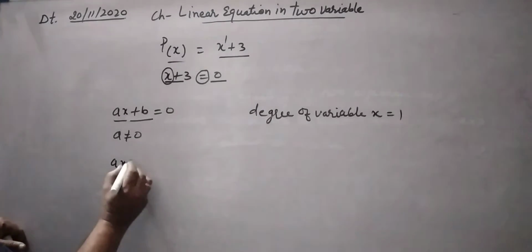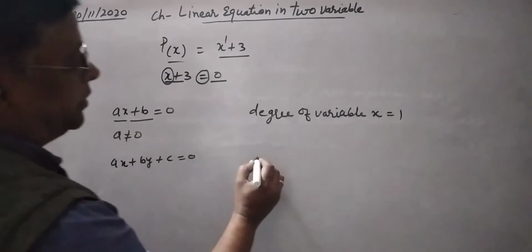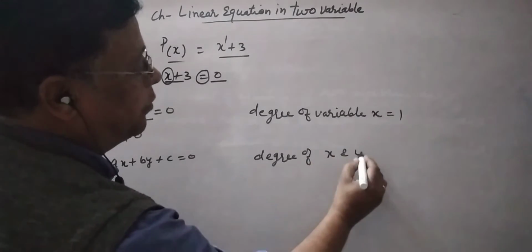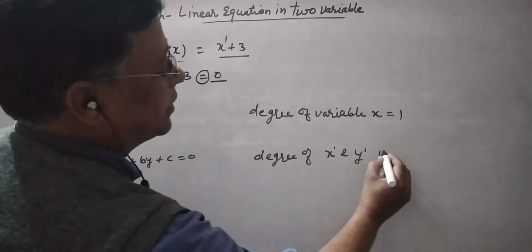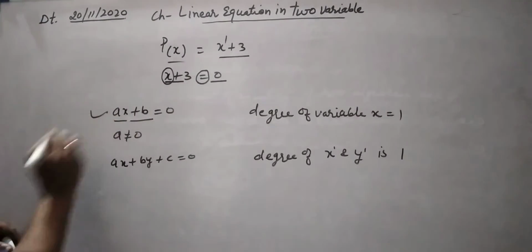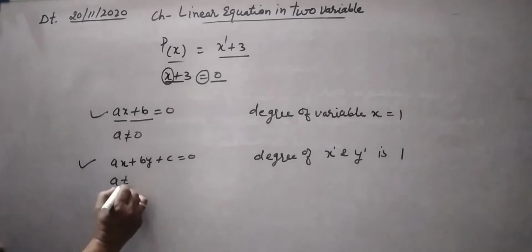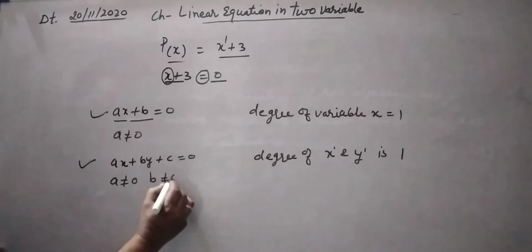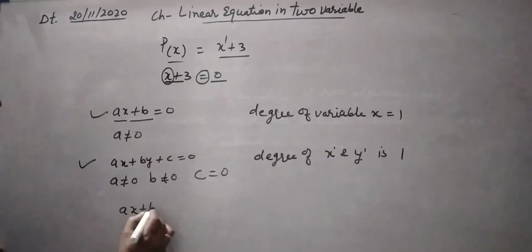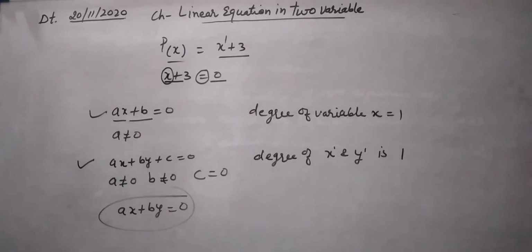Likewise ax plus by plus c equals 0. Here also the degree of both variables x and y is 1. Therefore this is a linear equation in two variables, and the earlier one is a linear equation in one variable. Here a cannot be 0, b cannot be 0, c can be 0. If we write it as ax plus by equals 0, then also it is known as a linear equation in two variables.